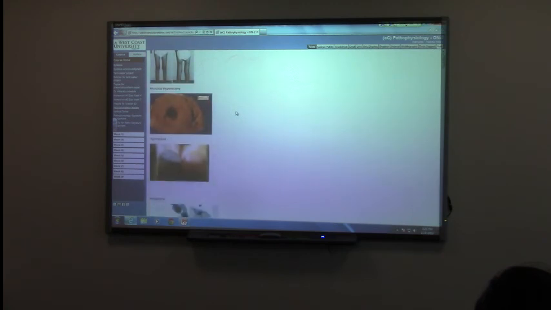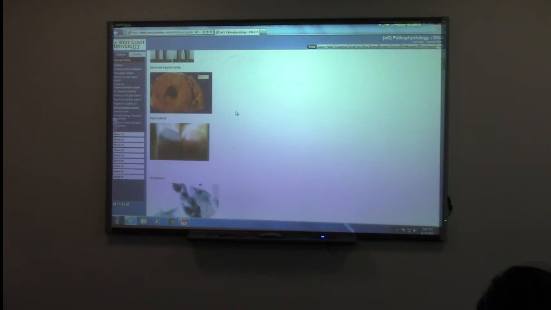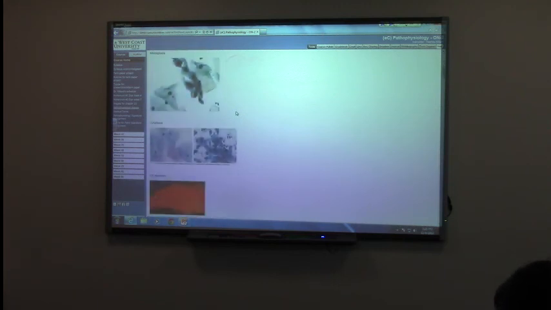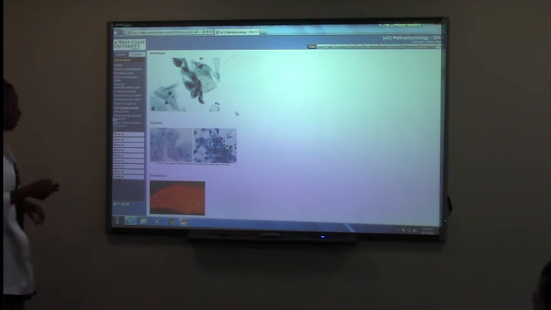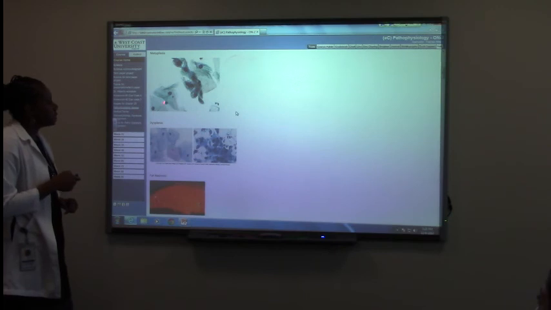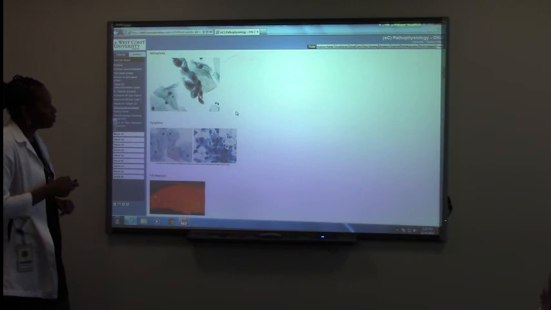I do have atrophy here, and hyperplasia with the foot. Metaplasia, and let me show you what I'm trying to point out here. With metaplasia, here is a simple squamous cell, and then all of a sudden these cells are turning into a cuboidal. This is what they're trying to show you here.